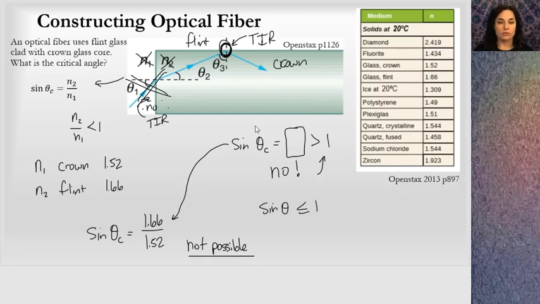It's not possible to build fiber optic cable with crown glass inside and flint glass on the outside. You would need a cladding, something on the outside that has an index of refraction less than crown glass rather than greater than. So watch the relationship of your indices of refraction there.